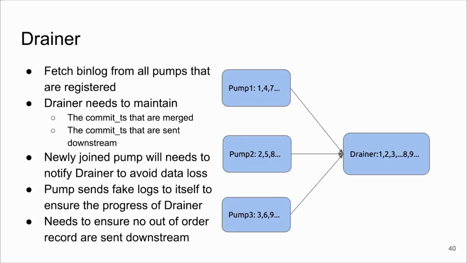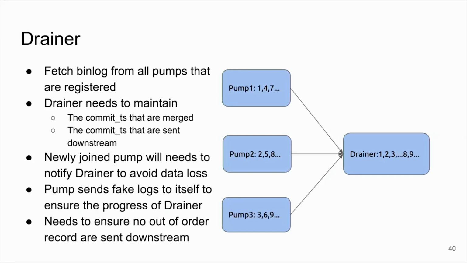The drainer's responsibility is to fetch the binlog from all the pumps that are registered and create a global order. So why is this interesting? Because there can be a case where you have merged the logs from pumps 1, 2, 3, but suddenly pump 1 becomes unavailable.